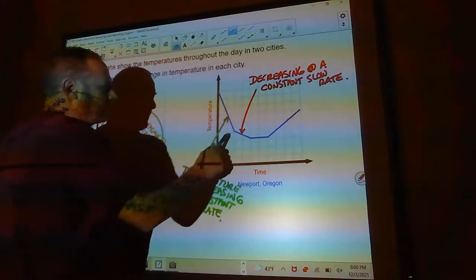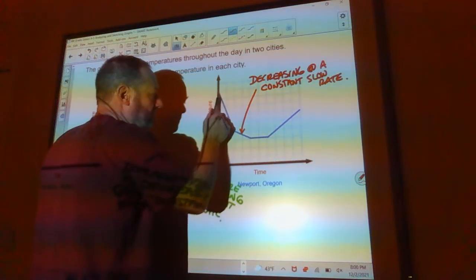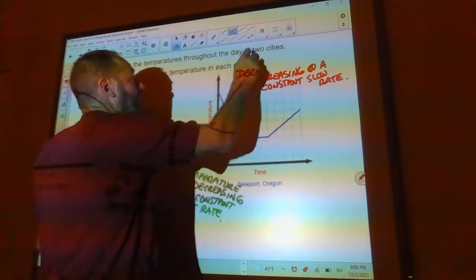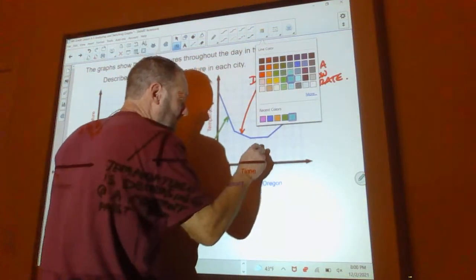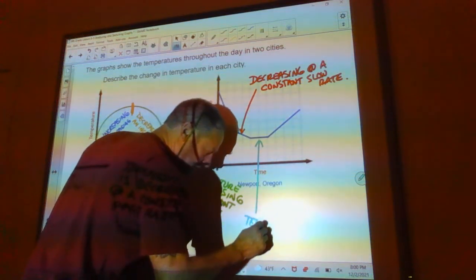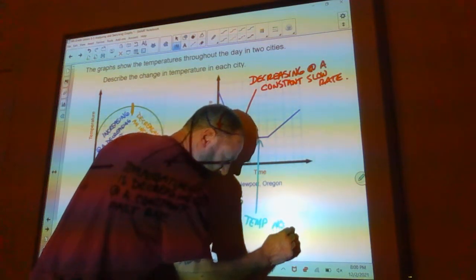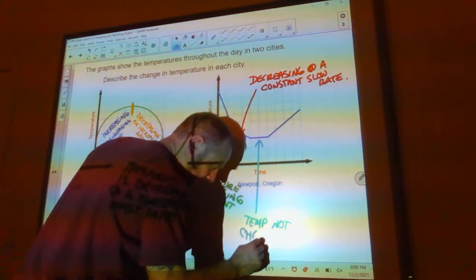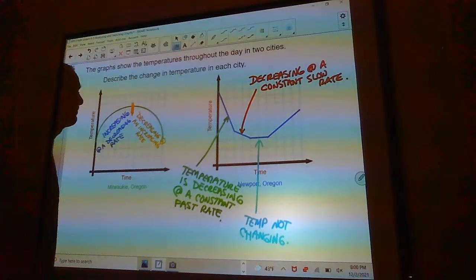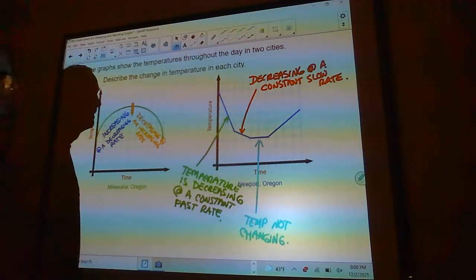This is a much slower rate of decrease right here. So it's going really fast, and then it slows down, and then here it evens out. So what's going on here? The temperature is not changing. The temperature is remaining constant right there.